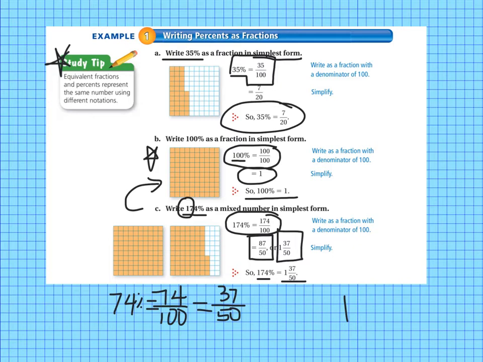And so it's 1 and 37/50ths. So if it confuses you to deal with the improper fractions, just remember that the 100 part is already taken care of. It's a whole number. It's 1.